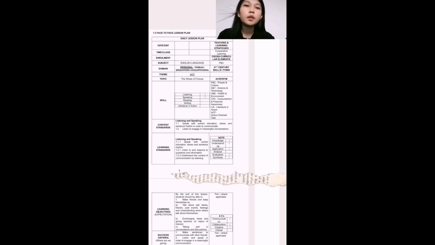The theme is AOT, the action-oriented task, and the topic for this lesson plan is the Wheel of Fortune. There are two skills involved, which are listening and also speaking.